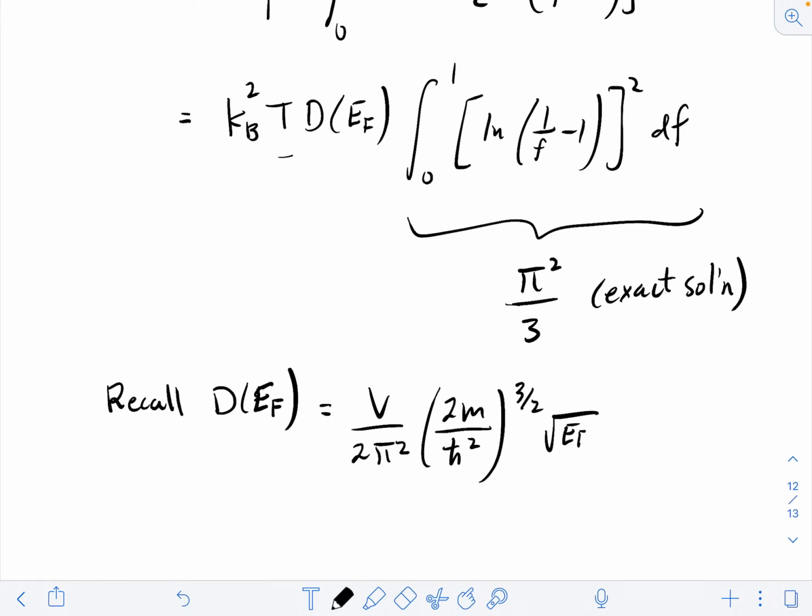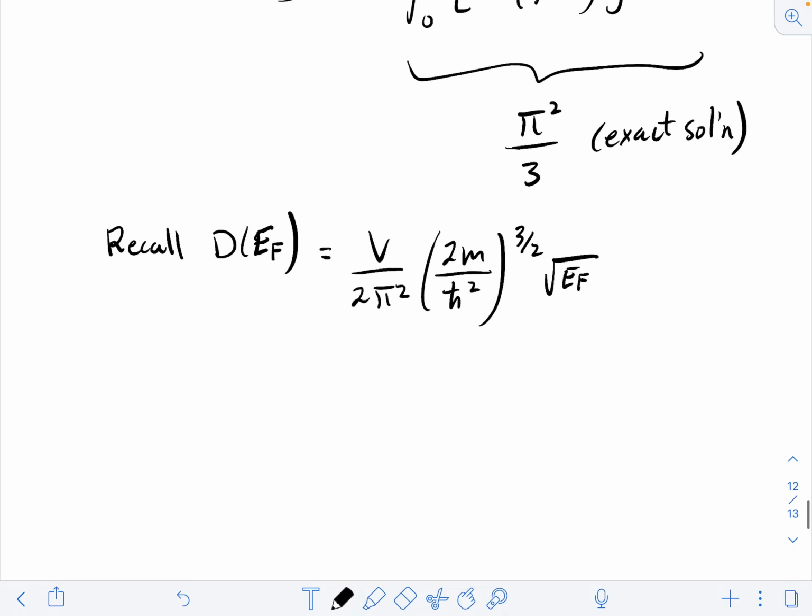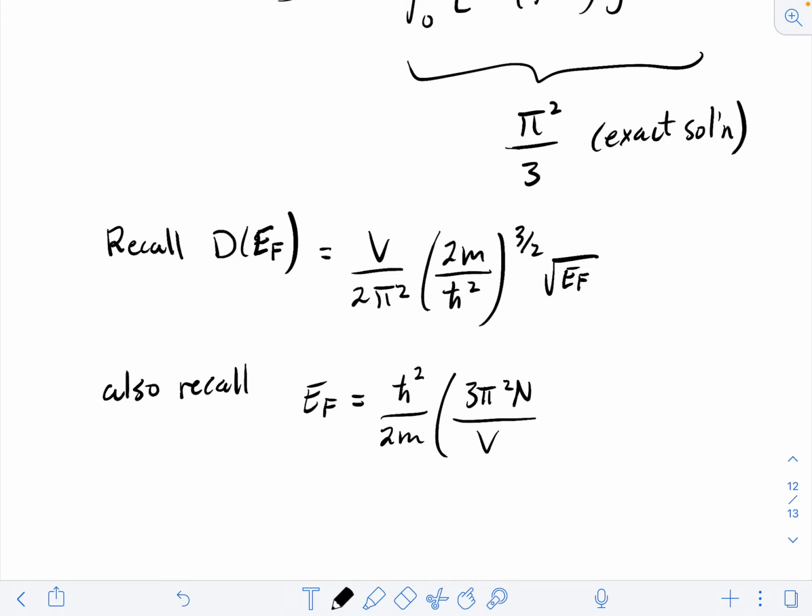And it was square root of energy, but now we're working at the Fermi energy, so we'll just write it as square root EF. Also recall that the Fermi energy was h bar squared over 2m, 3 pi squared n over V to the 2/3.